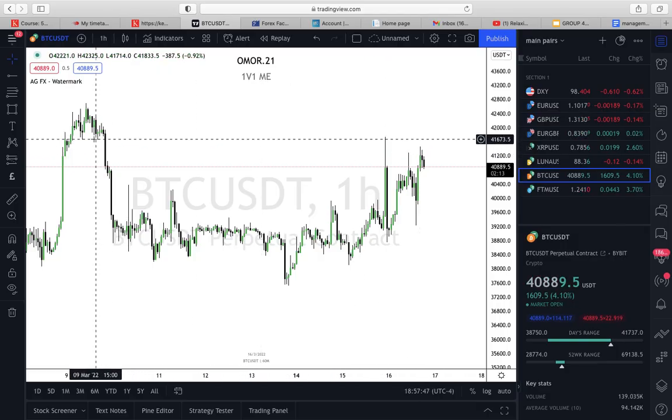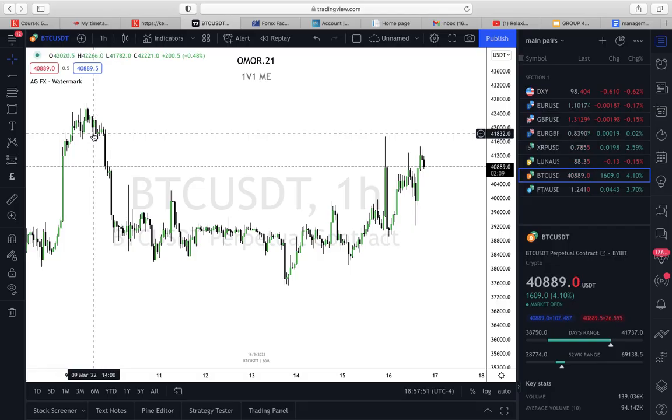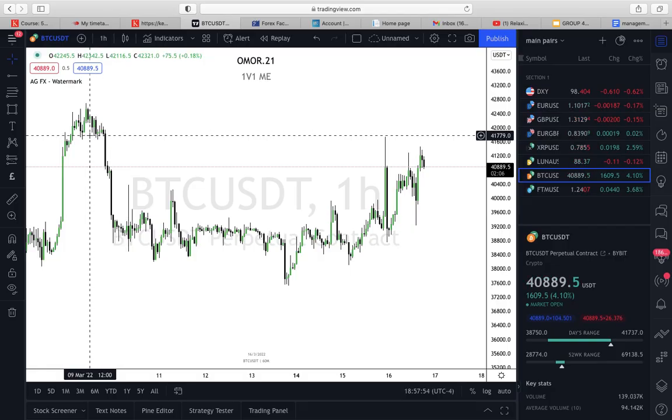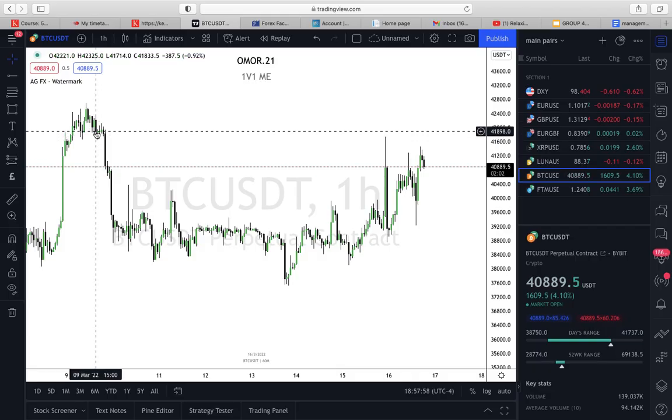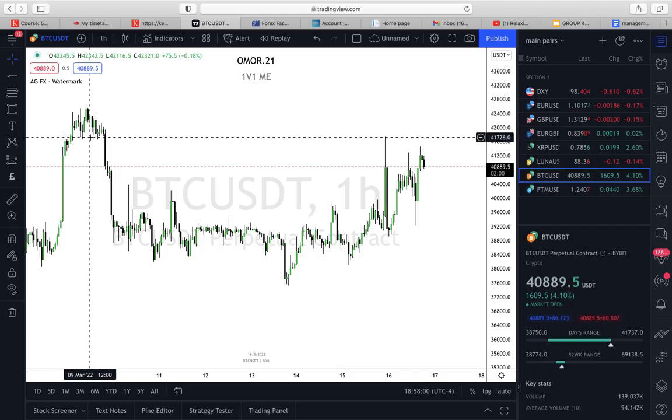If you want to see mitigation, this is the last down candle before these trapped buys. Very close. If you take the wick of it, this wick. Do you see this candle? This wick? Look at that. Very, very, very close, right?